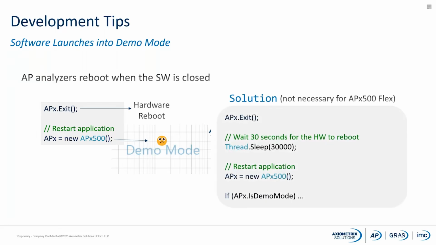So the way to prevent that is to add at least a 25 to 30-second wait period after the exit before you restart APx. And I would also recommend that you make use of the is demo mode flag as a kind of safety net. That way, if it did launch into demo mode, you could catch it and then exit the process and restart.